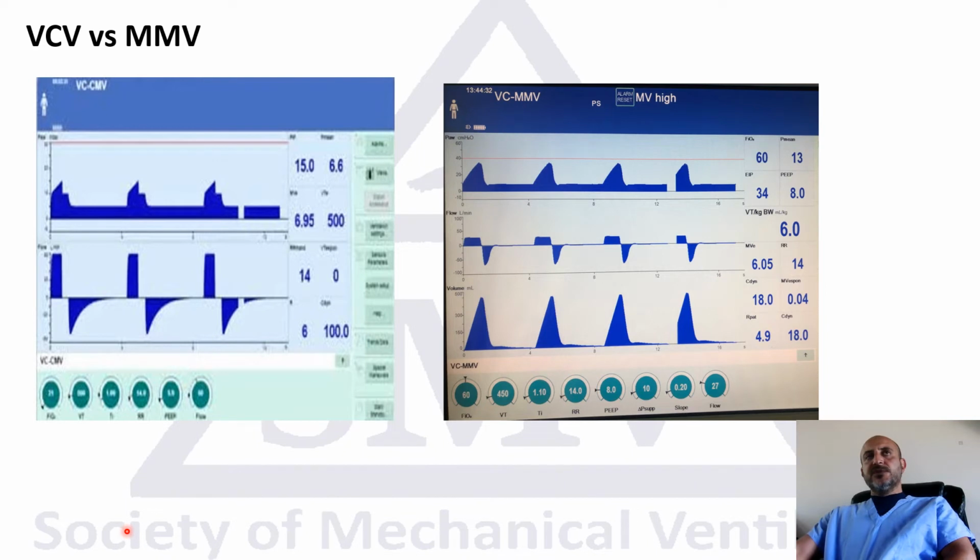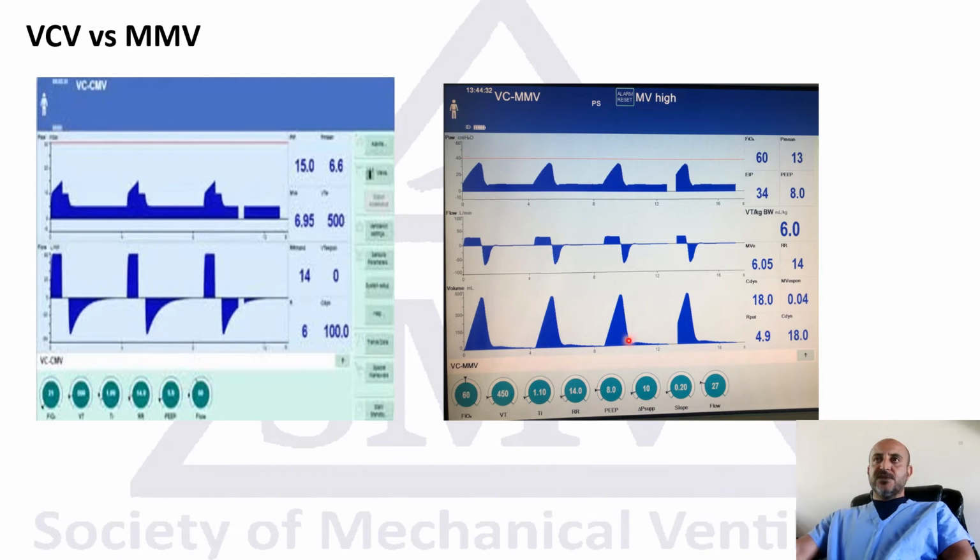So quickly, what's the difference between regular volume controlled mode versus mandatory minute ventilation? If you look at this slide, this is again volume controlled mode with the square or constant flow that we talked about, and the airway pressure. Here there is a little pause, that's why it looks a little bit different.